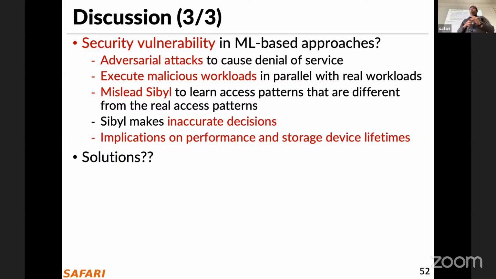Yes, please. If multiple processes access the same storage system, you could say that every process just has a specific part of its access pattern going into the training set.